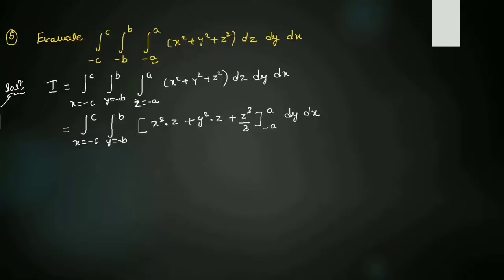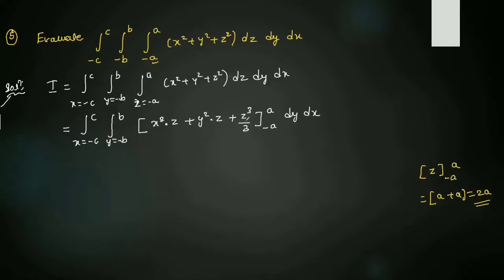Now the question, I will write it here. If I substitute in place of z, for example, I have z and the limits are minus a to a. What will you get? a minus (minus a), that is a plus a, 2a. So here I will get 2a, and here also 2a.